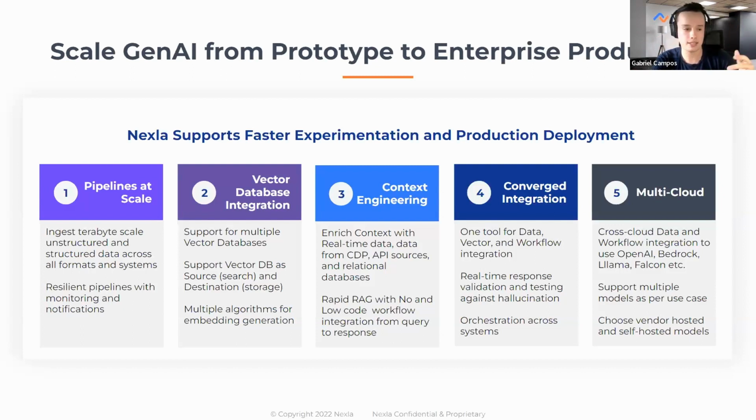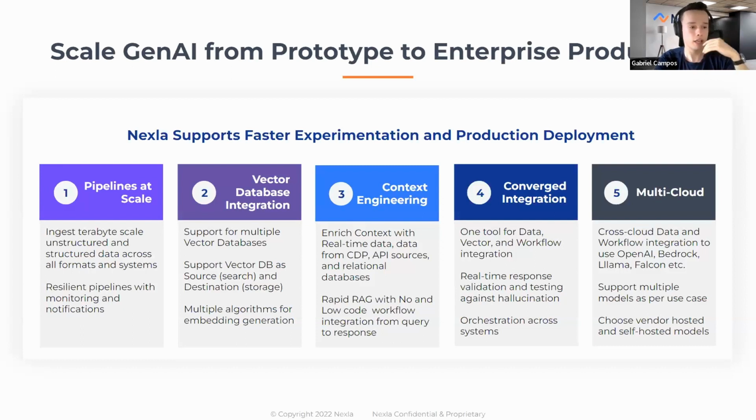Of course, as a unified tool for data and workflow integration, it also simplifies the process of experimenting with different configurations and setups. So you make sure that you have the best model to work with and the fewest hallucinations possible. It's best if you can easily change, easily tweak, and easily experiment. Lastly, Nexla's multi-cloud capability allows for the integration of various AI models and cloud environments.